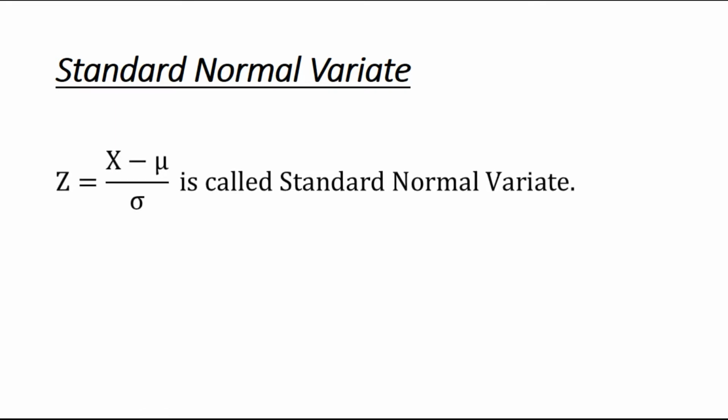Next we have standard normal variate. Z equals x minus mu upon sigma is called standard normal variate. Now we have to find the mean of standard normal variate.